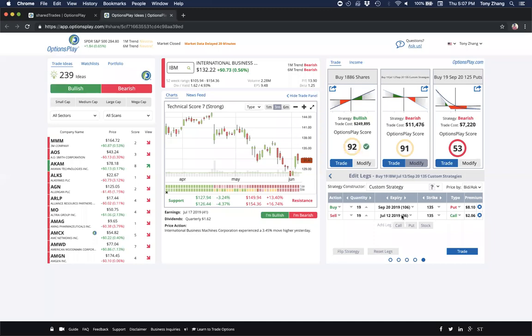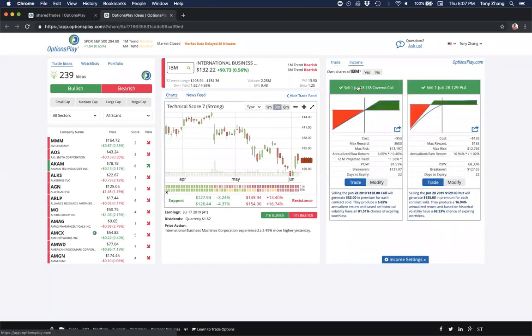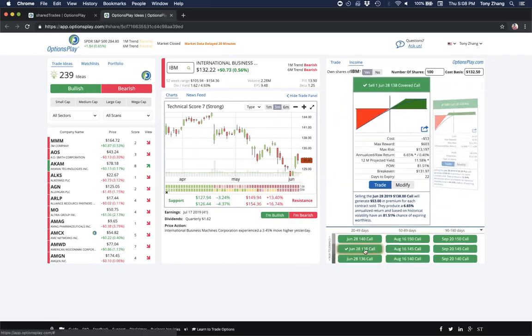So in theory, I could sell 3 of these over the next 3 months and collect roughly, let's say, $6. That means that instead of paying $8.10, I might collect $5 or $6 in premium by selling that upside call. And you can always use the income tab, the covered call tab, to figure out which calls to sell. Selling the June 28th 138 covered calls collects $53. Because I'm very bearish on this trade, I'll get a little more aggressive.